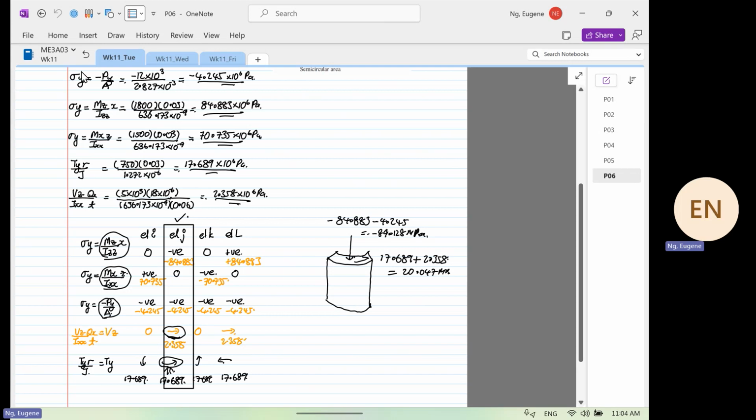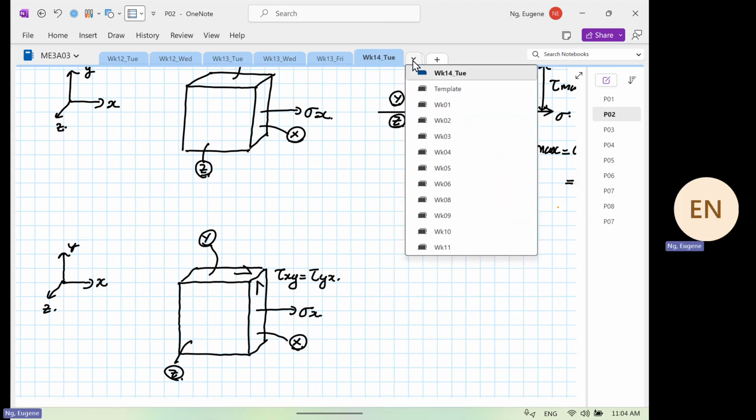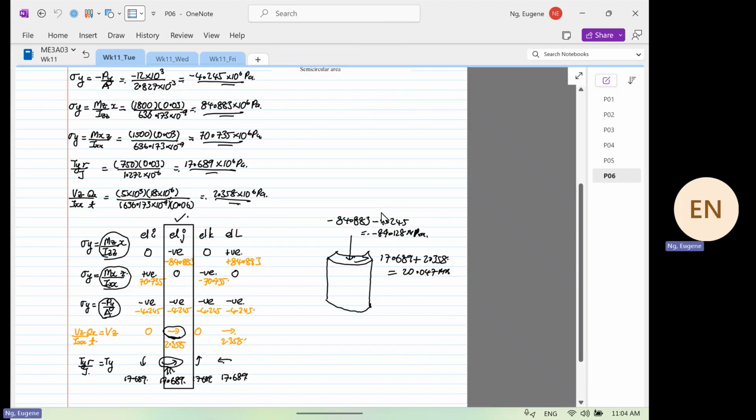This element has one normal stress, has one shear stress, and the rest of the stresses are equal to 0, yes or no?